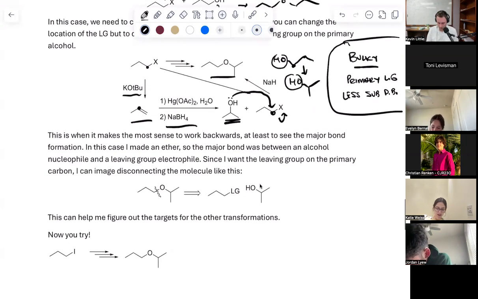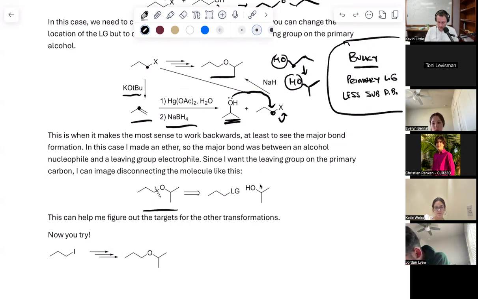If I look at this molecule, I say a substitution with an alcohol and a leaving group creates an ether, right? It creates this. One way we think about it is through disconnections. I'm forming a bond in a reaction. What bond did I form to get this product? When I look at this, I see I've probably made that disconnection.